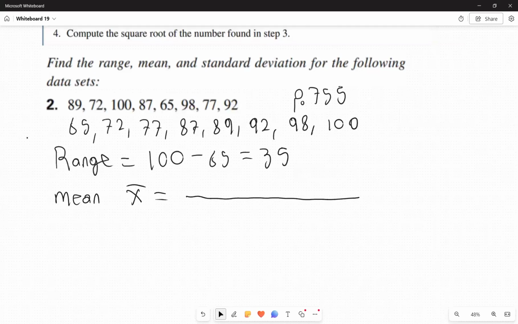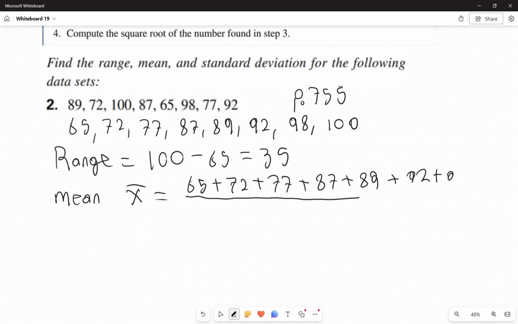That's the sum of the data values over 8, since we have 8 data values. The sum of the data values is 680. Divided by 8, this is 85.